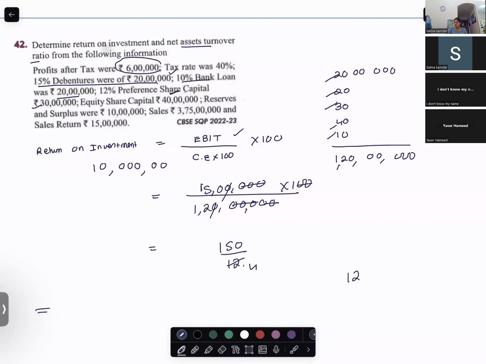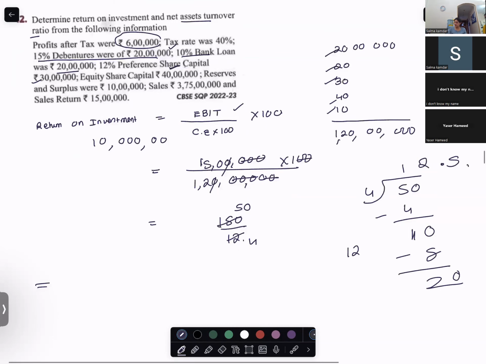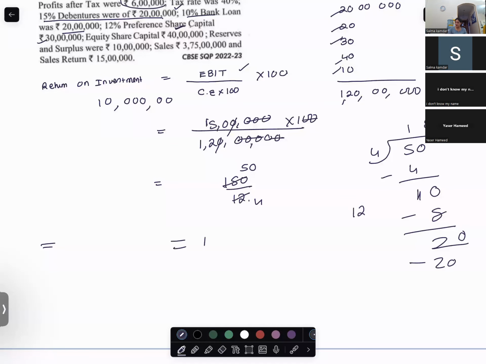Now 3 4s are 12 and 3 5s are 15 and 0. So 50 divided by 4. 4 1s are 4. Bring down 1 and 0. 4 2s are 8. Put a point 0, 5. The 20. So the answer is 12.5% for return on capital employed. Are you with me? Yes.